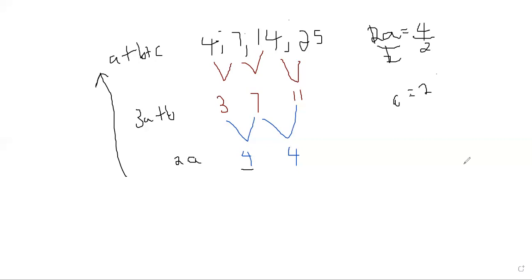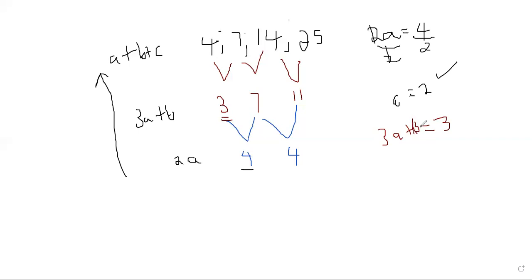Done. And then from there, we continue. Now we want b, but we have to write 3a plus b. It's equal to the first term being 3 in this case, right?